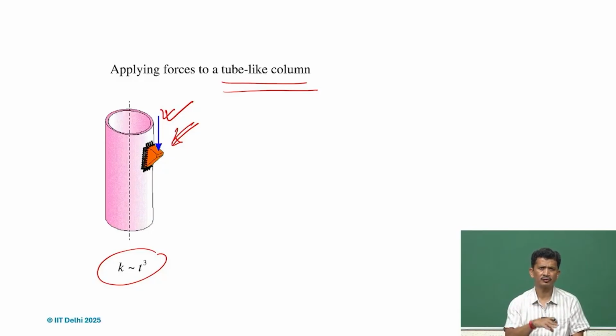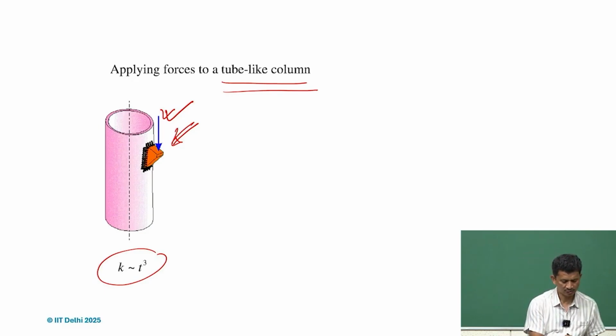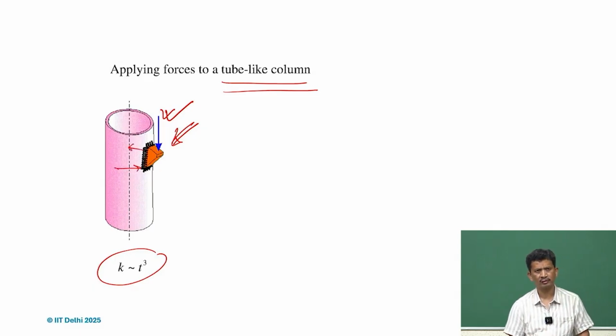It can easily pierce through, and it's not a good design. So in order to support this load, there will be this kind of force coming on the tube or column, and it can easily penetrate and damage it.